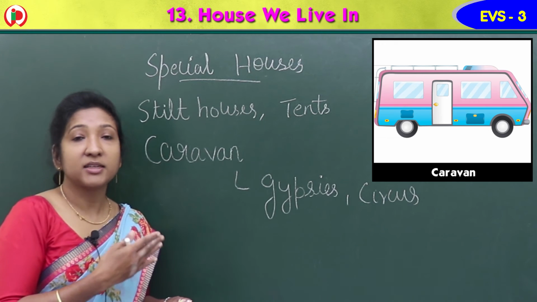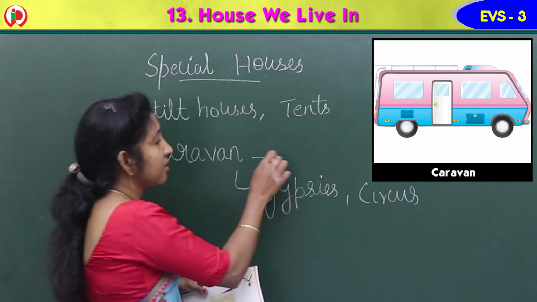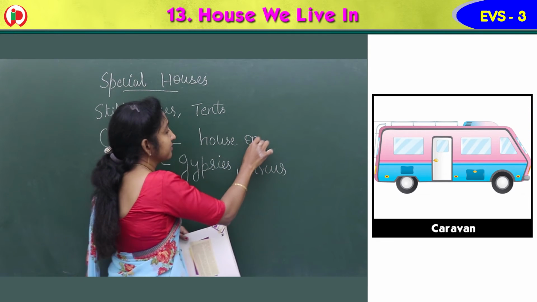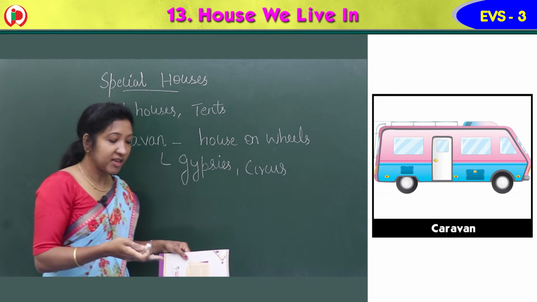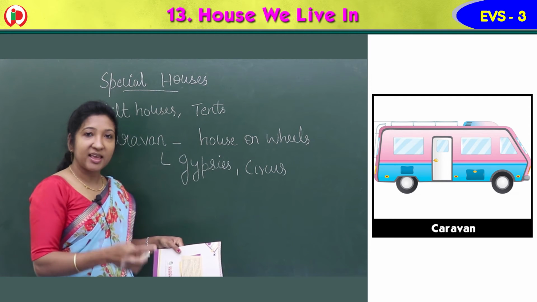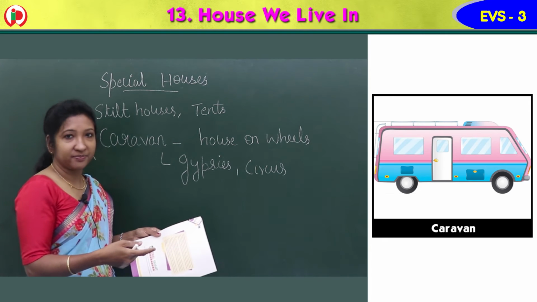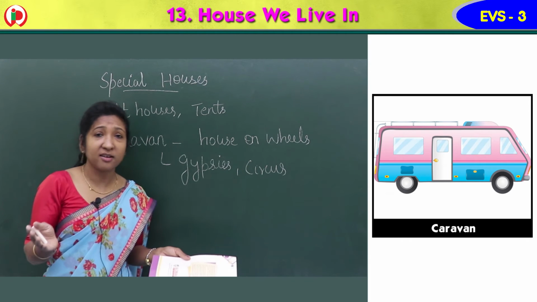A house that has wheels. A house on wheels, we say. You can see the picture here. Can you see? Yeah, house on wheels. See, it has wheels. But it is a house, not a vehicle. We can't say it is a vehicle or like that.